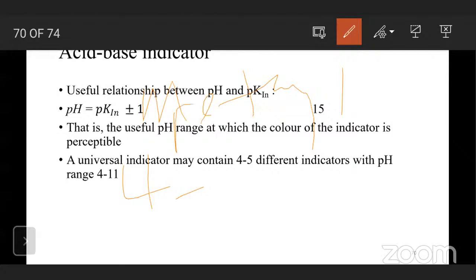You can have bromocresol, phenolphthalein, and so on. Put them together, and you have what we call a universal indicator. It can sense a lot of solutions. It has a wide pH range because it is a mixture of several indicators with different pH ranges.